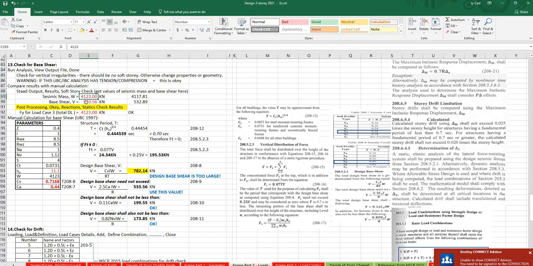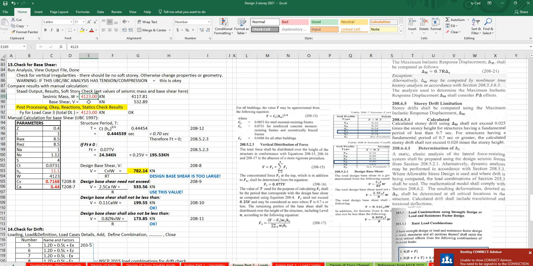And then next, i-off ko muna ito. Ayan. Tapos, kukumpitin natin ngayon yung base shear. So, yung 4123.00 sa earthquake engineering, sosolvin din natin ito mano-mano. Okay?